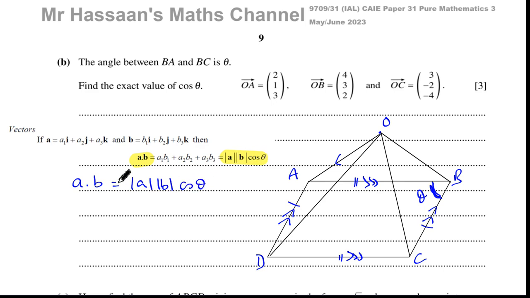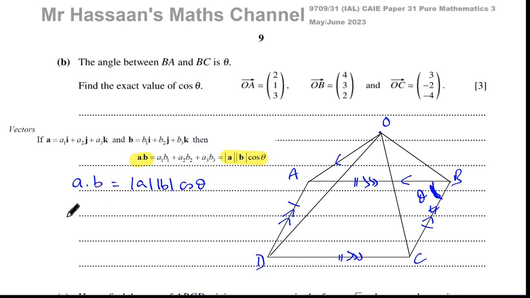This tells you the angle between two vectors when they are placed tail to tail. The angle between BA and BC, so it's like BA this way, BC this way. That's the angle between them when they are placed tail to tail.